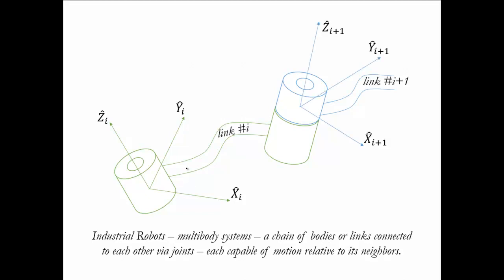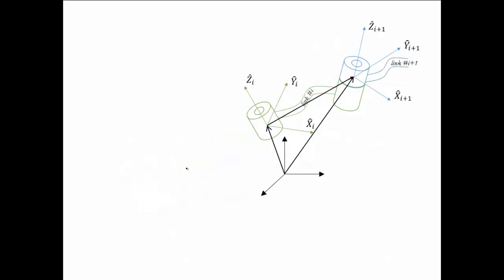And now we see another frame that can be attached to the other link, that is link I plus 1. So accordingly we have ZI plus 1, XI plus 1, YI plus 1. Now there is a vector from this origin to the origin of the other frame, that is the position vector here. Okay, so let's take this now to the velocity analysis.